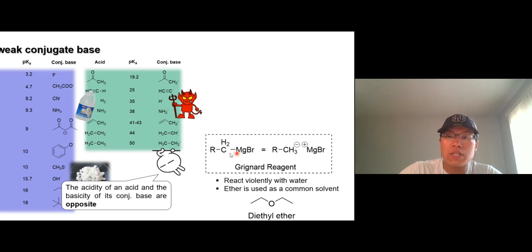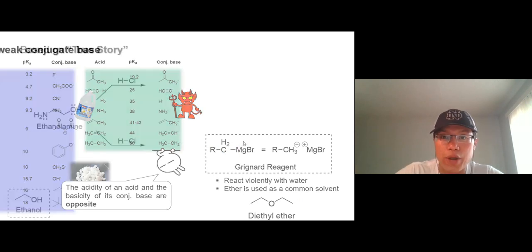If you want to use a Grignard reagent, you have to do the reaction in something really inert, like an ether, because all the protons here are protons of an alkane, and the pKa of an alkane is 50. It doesn't react with the Grignard reagent. This guy is a really strong base.